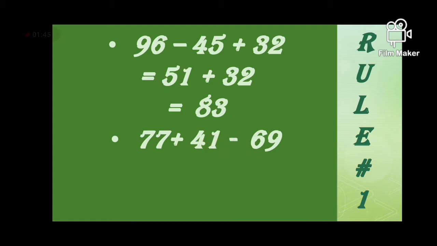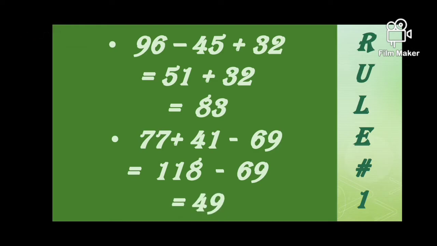When we add 77 and 41, we will get 118. 118 minus 69. Now we will subtract. 118 minus 69, we will get 49.